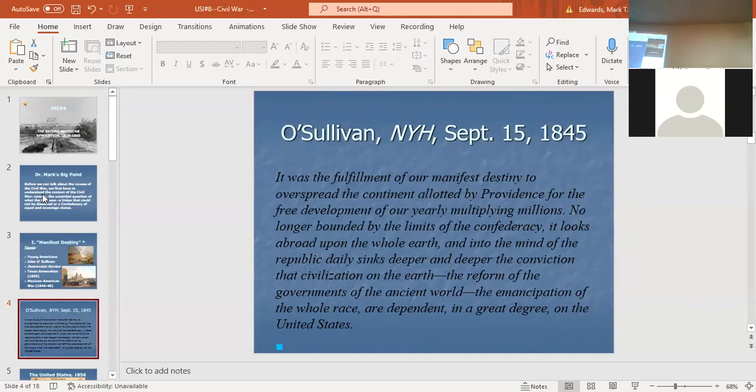John Quincy Adams, very much a Northerner, the son of Jefferson's rival at one point, John Adams. Right, so this is something that united Americans, North and South, this Western expansion, as somehow going to be the future for the United States, right?